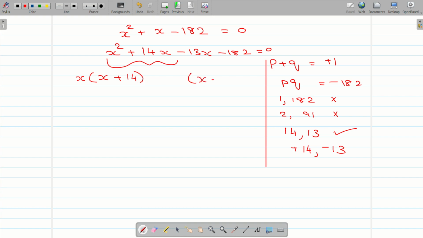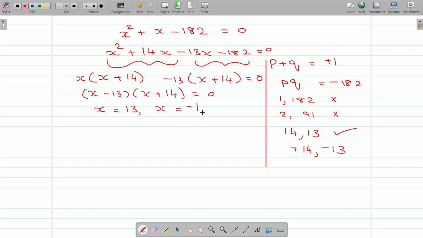Now the next bracket should be x plus 14. For that I have to take minus 13 as common factor. So x minus 13 multiplied by x plus 14 is equal to 0. So x is equal to 13 or x is equal to minus 14.